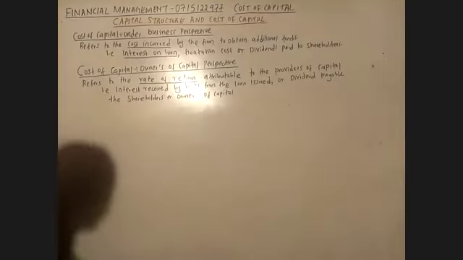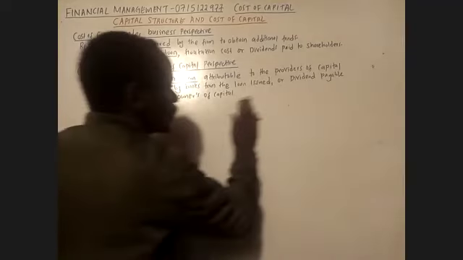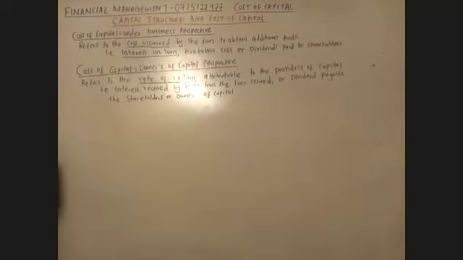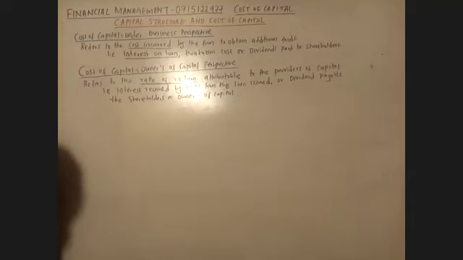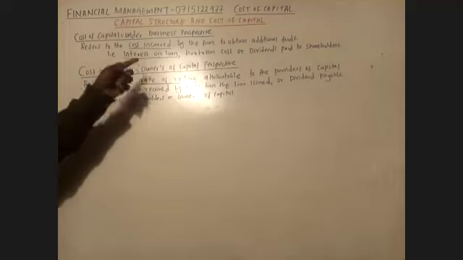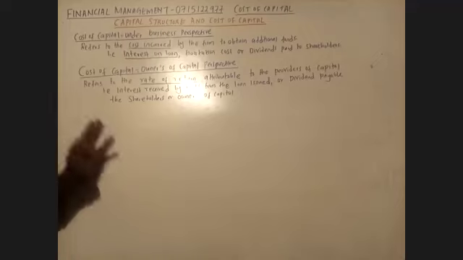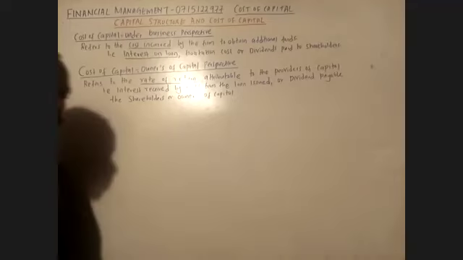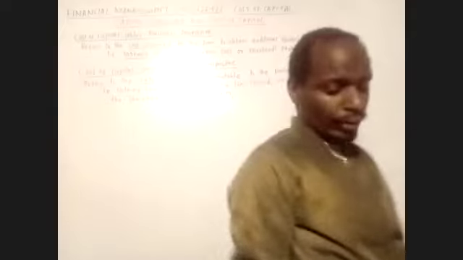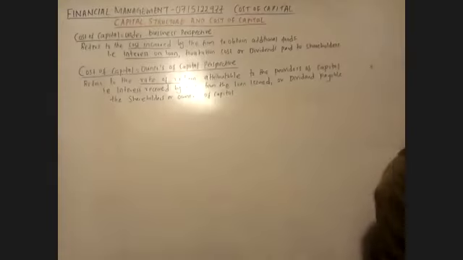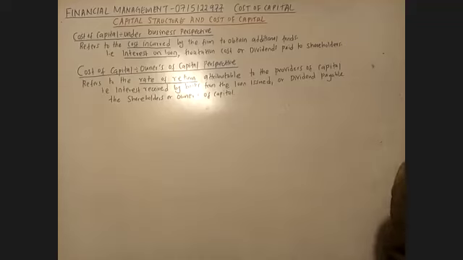Make sure you know those two differences. Cost of capital under the business perspective represents the cost incurred to obtain funds, but under the owners' perspective, cost of capital means the rate of return attributable to the providers of capital. Those are the two definitions applicable under that topic.